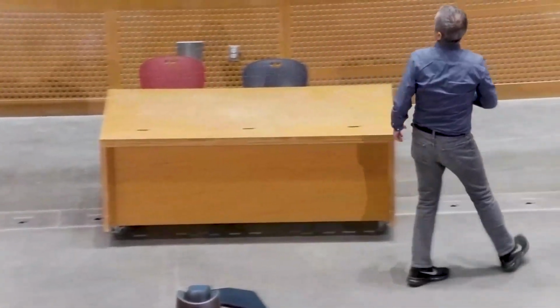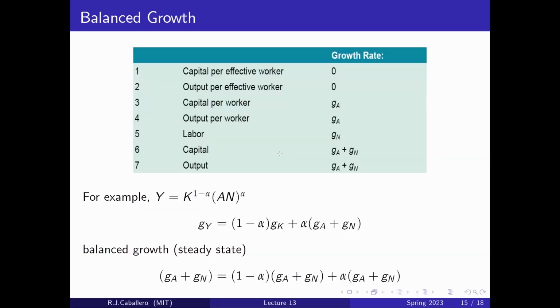Go back, for example, to this production function. I'm saying I know the contribution that K has to output growth. I know the contribution that N has to output growth. Well, the only thing I'm missing is the contribution that A has to output growth, which I don't observe. But I observe output growth, I observe capital growth, I observe employment growth, so I can solve out what the technological progress, A growth, is.